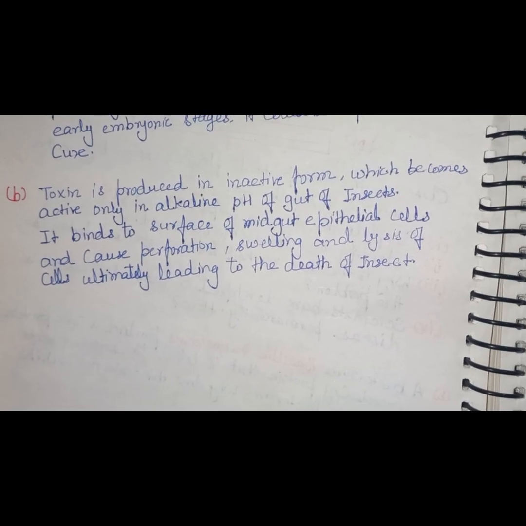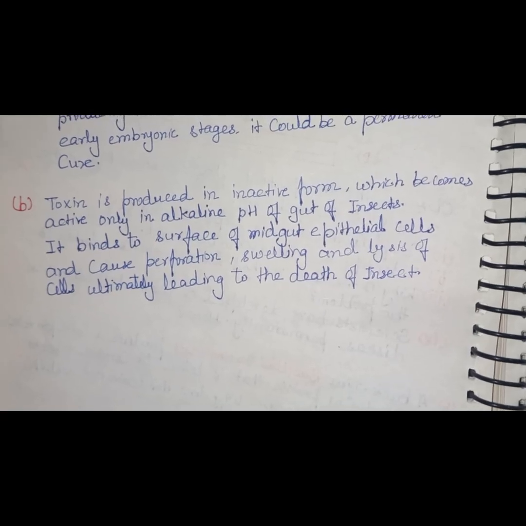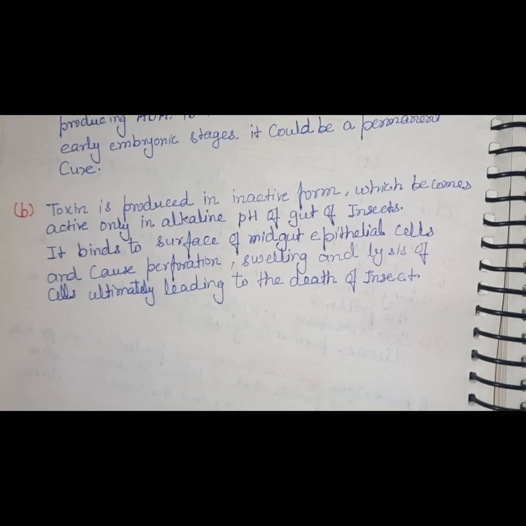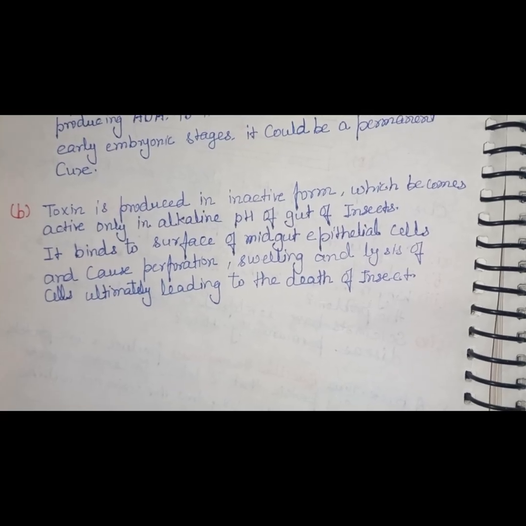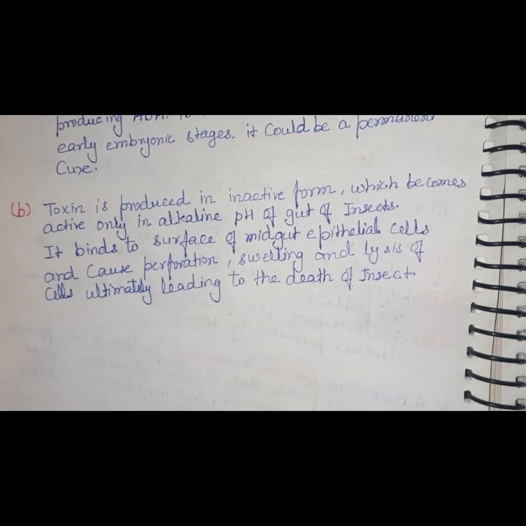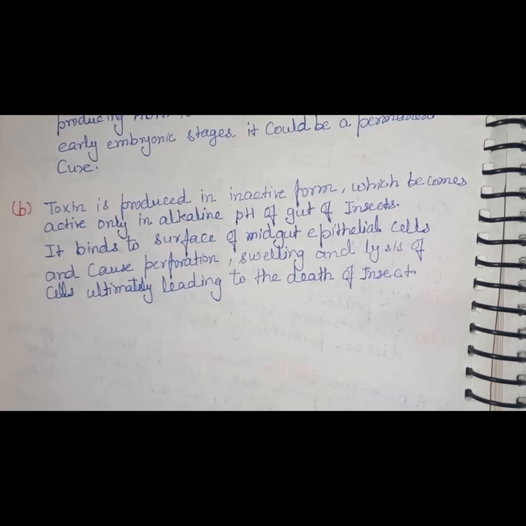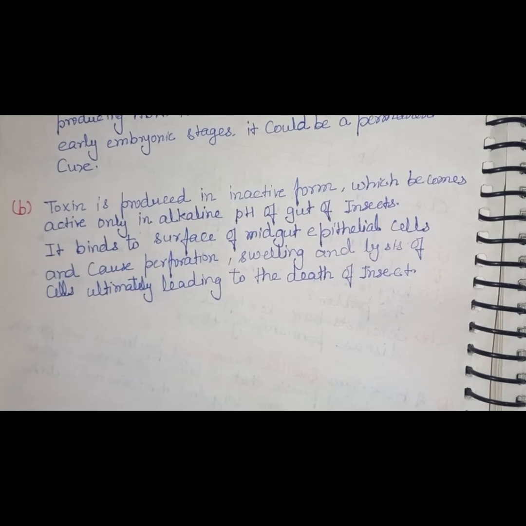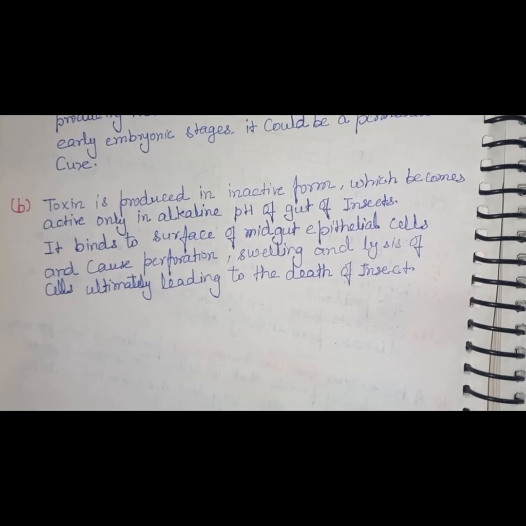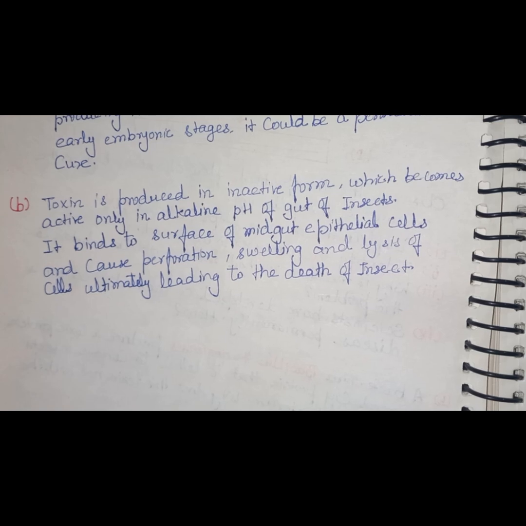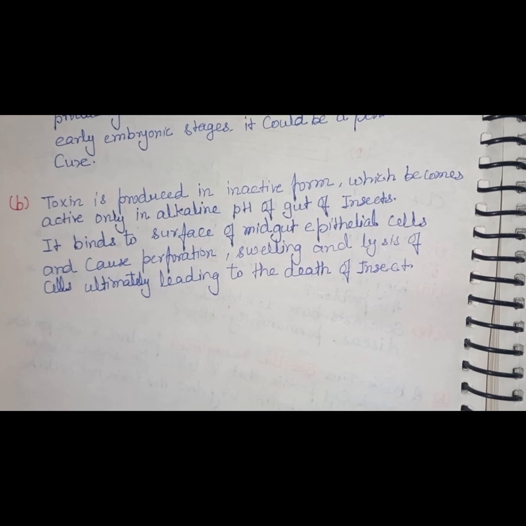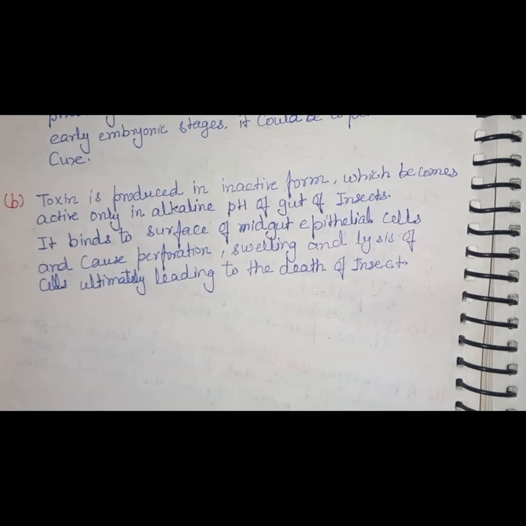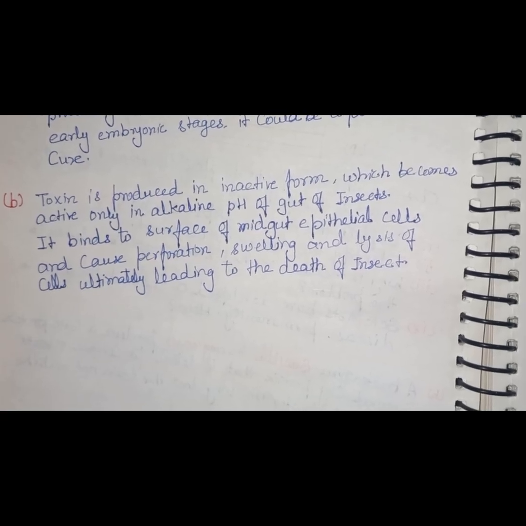So overall, we can say that this toxin is only active and kills the insect without affecting human beings and human life. It is very important that this type of crop is called a BT crop, and this bacterium is not killed by the toxin and produces one protein, and that protein is called cry protein.